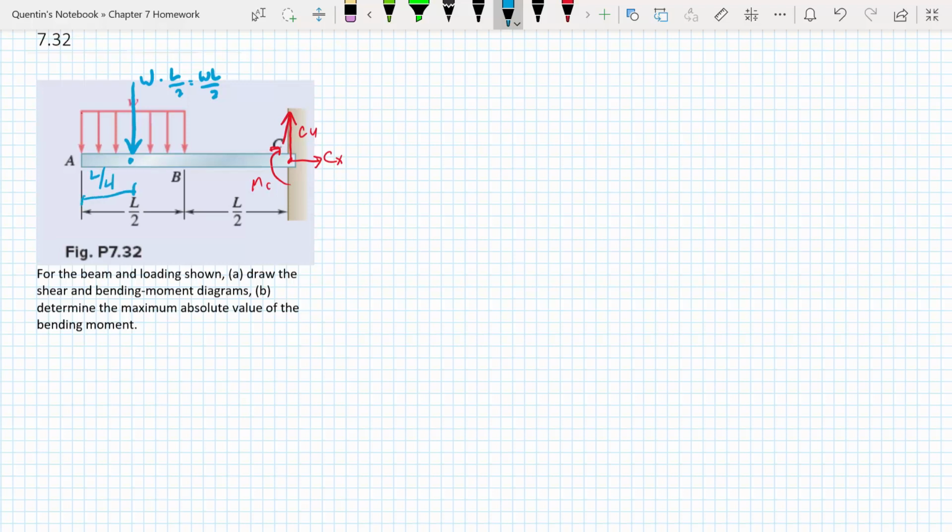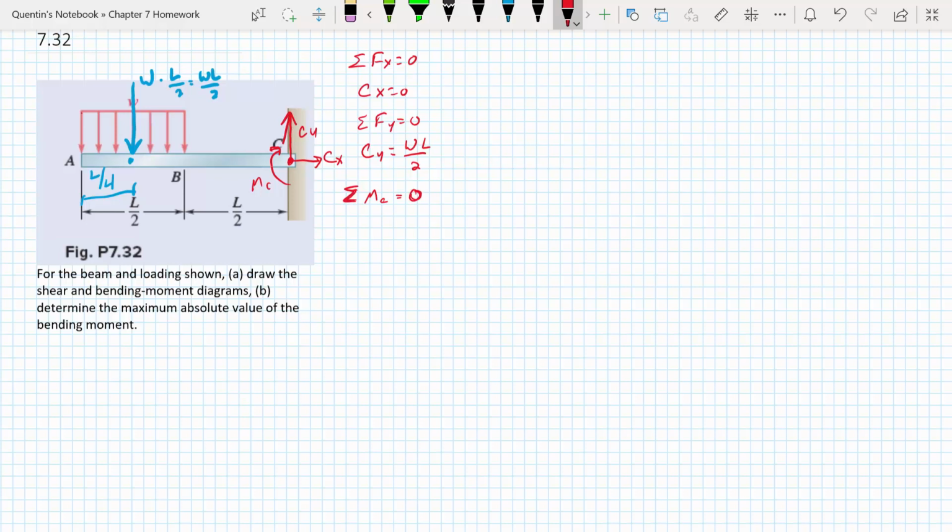Okay, so sum my forces in X equals 0 is going to tell me that Cx equals 0. Lovely. Sum my forces in Y equals 0 is going to tell me that Cy is equal to WL over 2. And then lastly, sum of my moments about C equals 0.